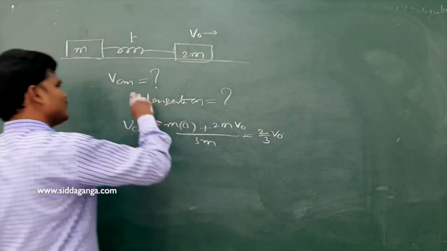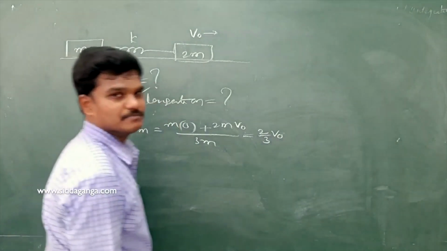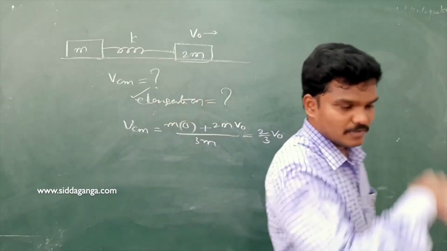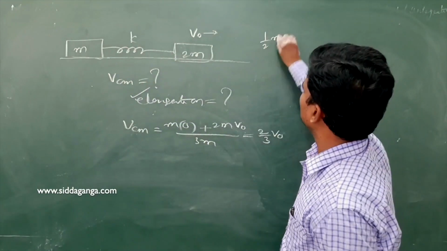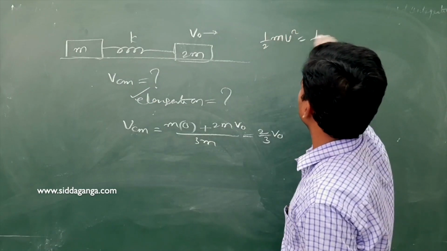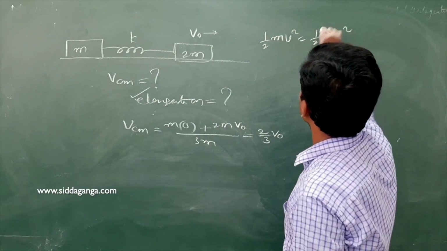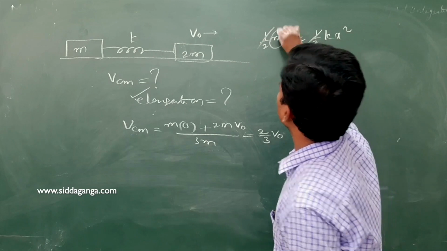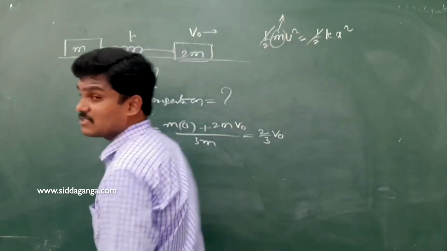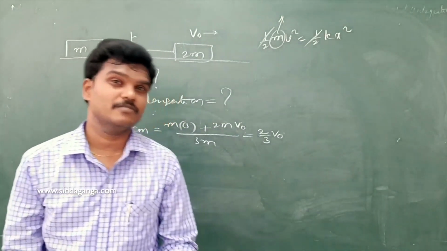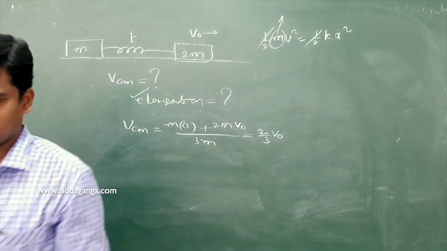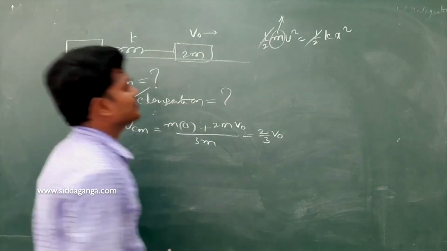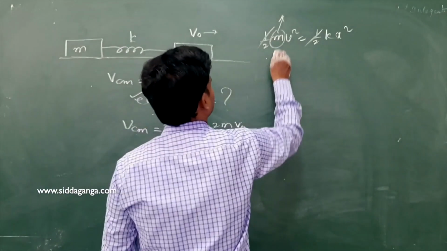Okay, and here if they ask you to find the elongation, you can use the fact that the kinetic energy is converted into elastic energy, half k x square. Then this m you replace with the reduced mass concept. Reduced mass is already covered, m1 m2 by m1 plus m2. Use this one as the reduced mass.